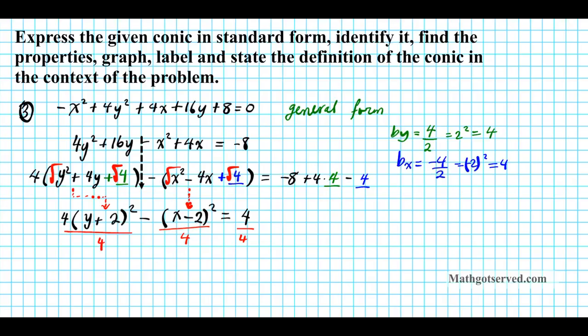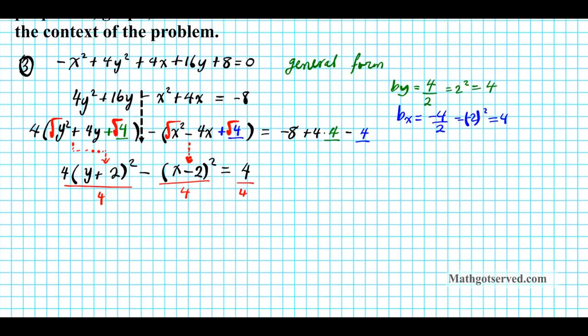Alright, so if we reduce that, we're going to get y plus 2 squared over 1 minus x minus 2 squared over 4 equals 1. Okay, so there goes our standard form of the equation of the hyperbola. So let's write it down, standard form.